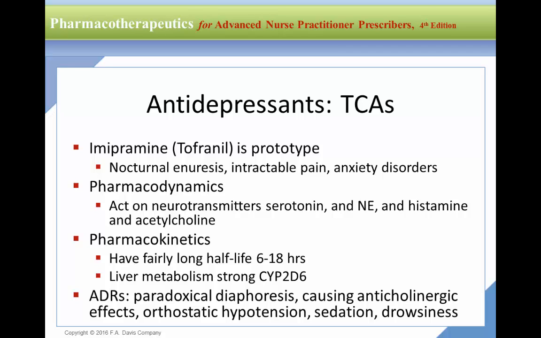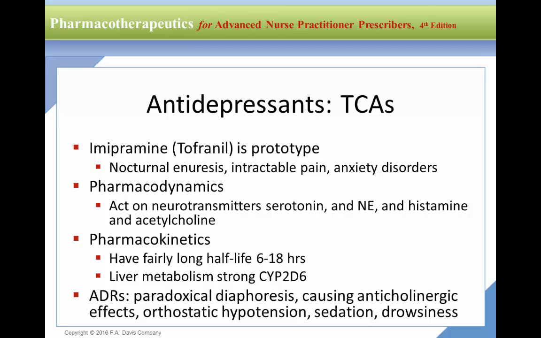Remember, yes, it's used for anxiety disorders because they also block norepinephrine, but they are also used for neuropathic pain and for patients that have nocturnal enuresis.